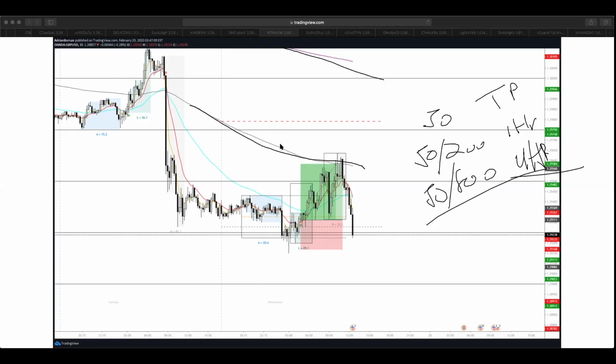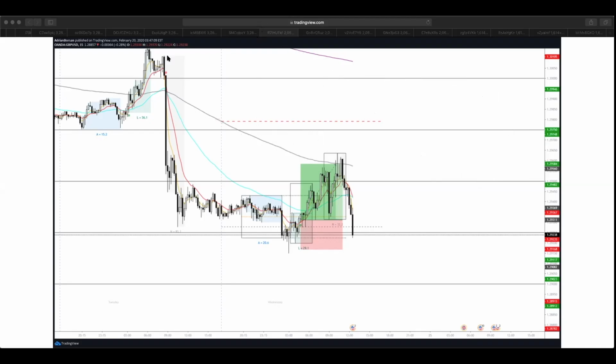So you know already by looking at this that on the higher time frames, on the 4 hour time frame, your trend is already down. You get what I'm saying? Because price is still below the 50. That's what you use those for.